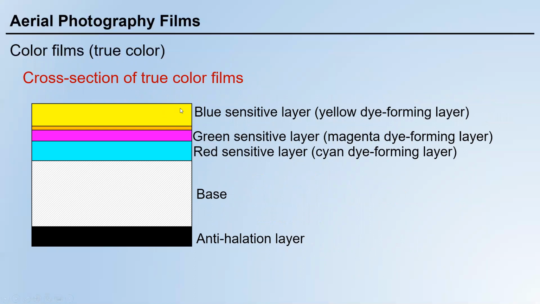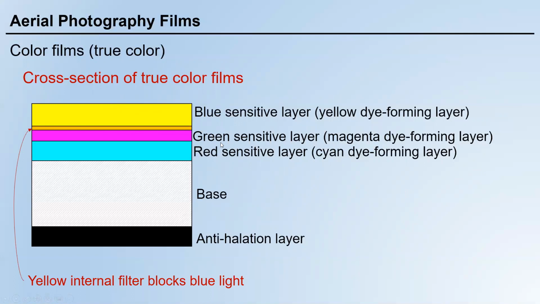So we add something called a yellow internal filter to block blue light. It's right here, between the blue sensitive layer and the green sensitive layer. Blue light can sometimes be very annoying. So after recording the blue light, we filter the rest of the blue light to make sure the green sensitive layer and red sensitive layer are not affected by blue light anymore.